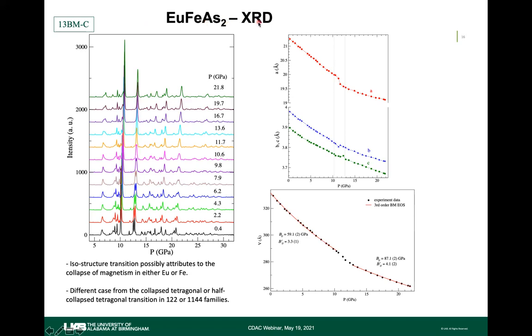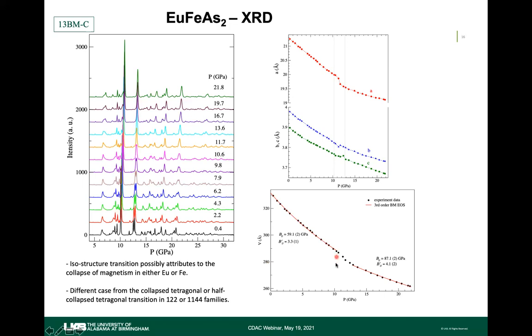So we did X-ray diffraction at 13 BMC, and we indeed saw a change in the lattice parameters above 10 GPa. By plotting the volume versus pressure, there is a discontinuity at the same pressure.